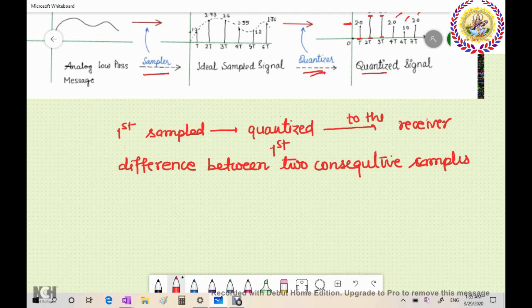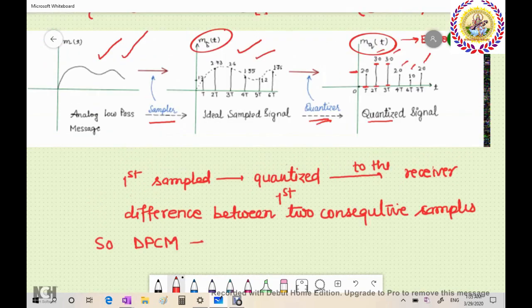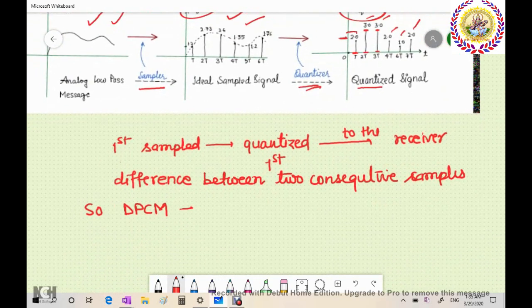So for DPCM, let us suppose, as in this example, that 2 is transmitted first. Then the next value will be 3 minus 2.